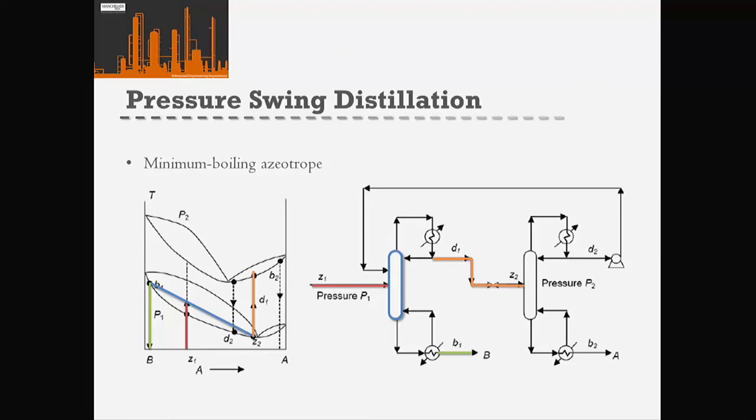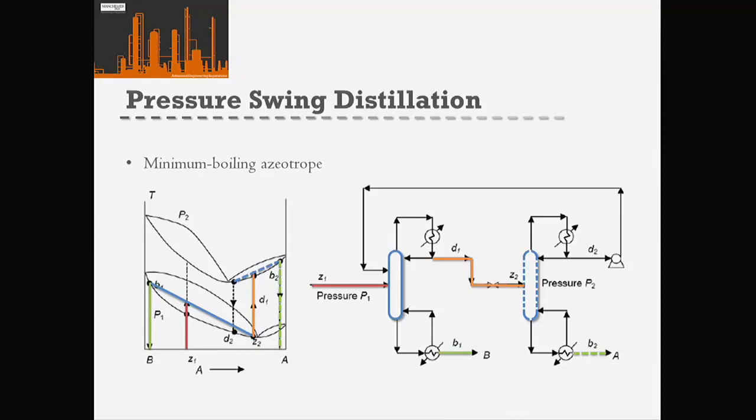So now all we do is simple distillation again, based on our separation here. And then what we get is our bottom product that can meet our specification of pure A, and a top product that now is defined by the composition of our azeotrope at that different pressure.